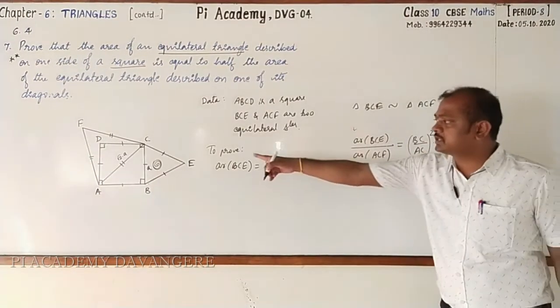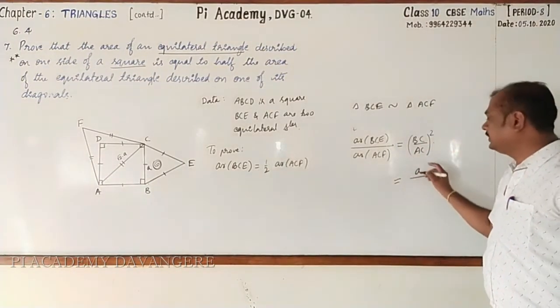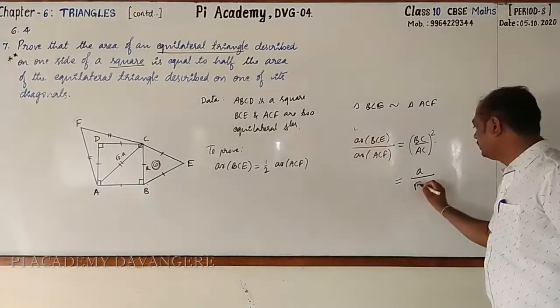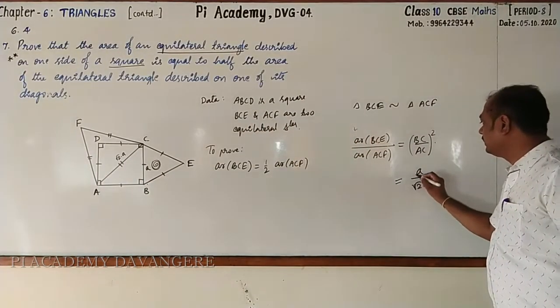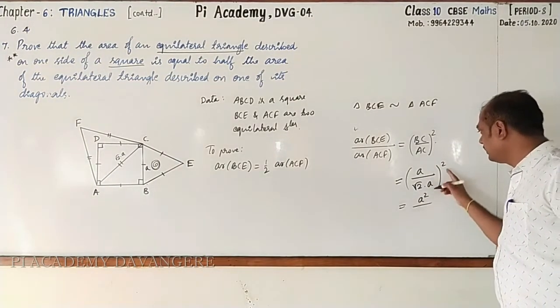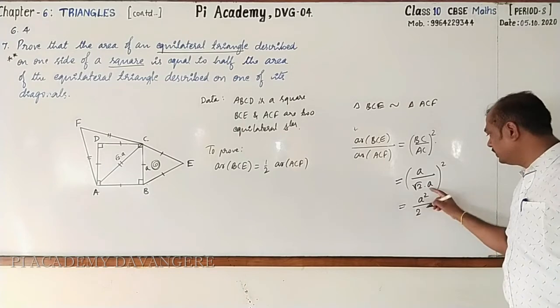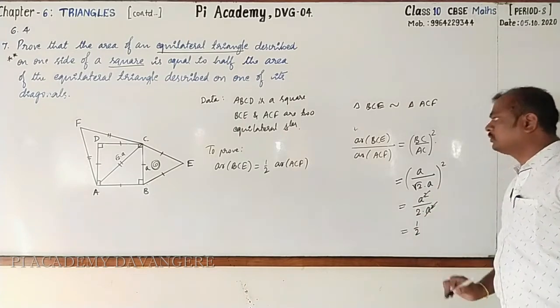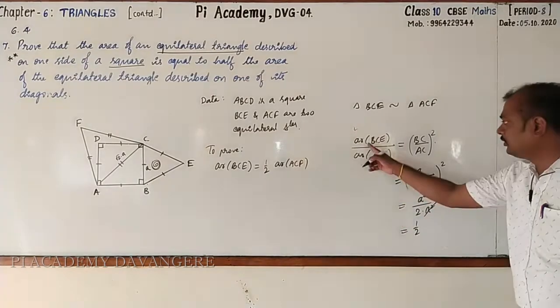Where BC is assumed as A, then AC is root 2 into A. Root 2 into A, then whole square. This is equal to A square. And root 2 whole square is 2 into A square. A square gets cancelled. It is 1 by 2. Now, look here.